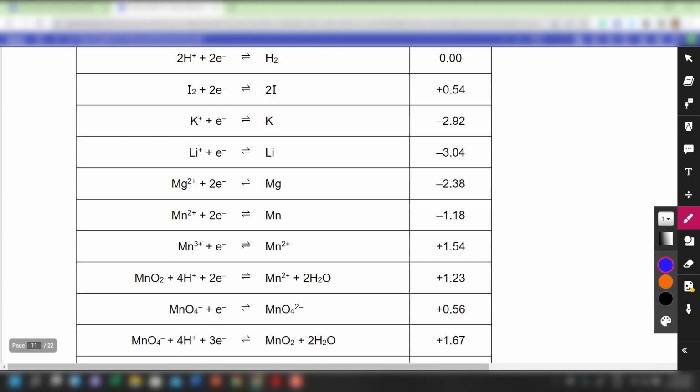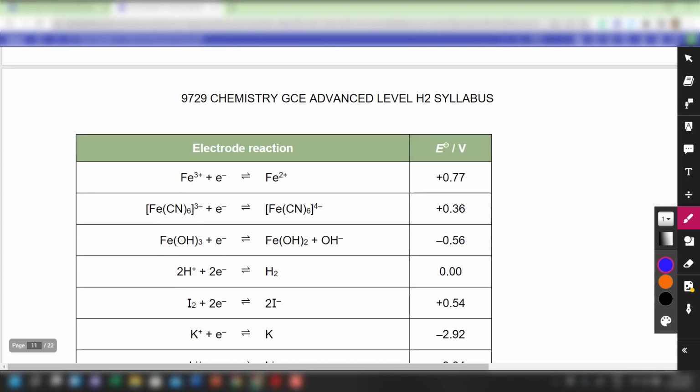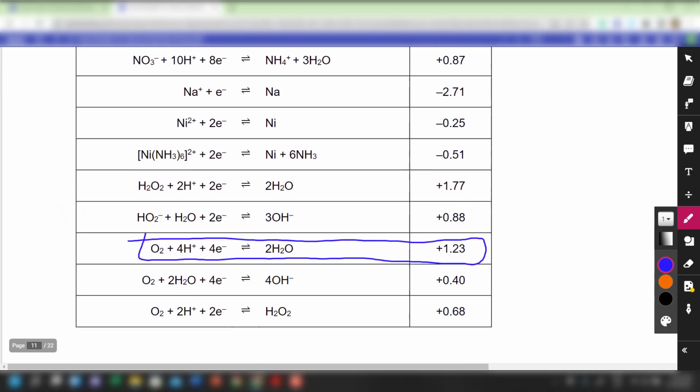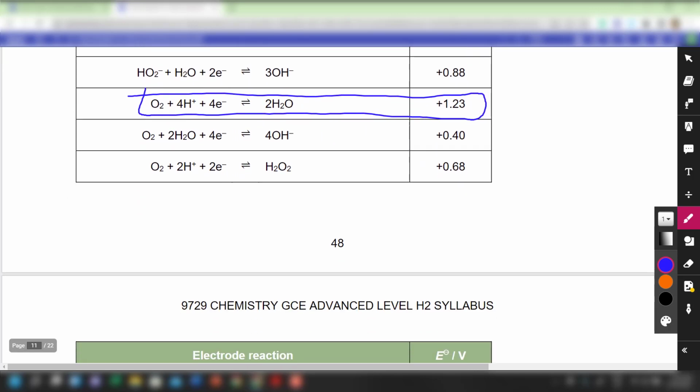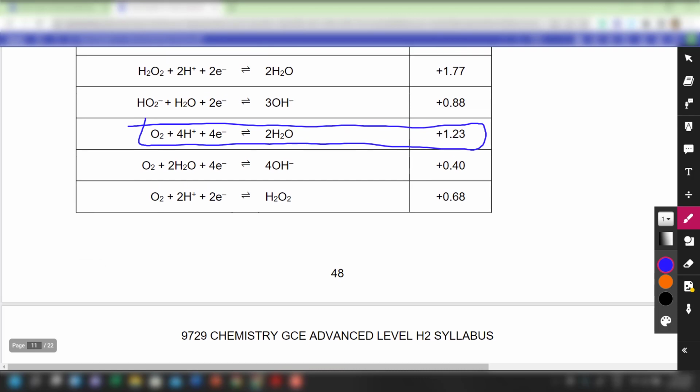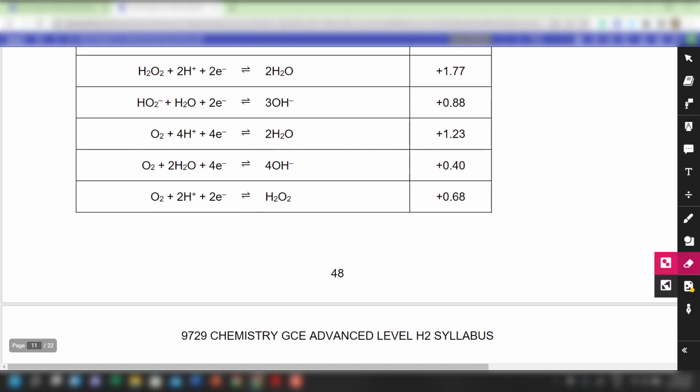In an alkaline medium, I expect OH- to be preferentially discharged.